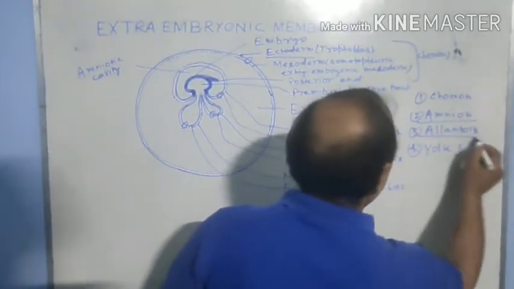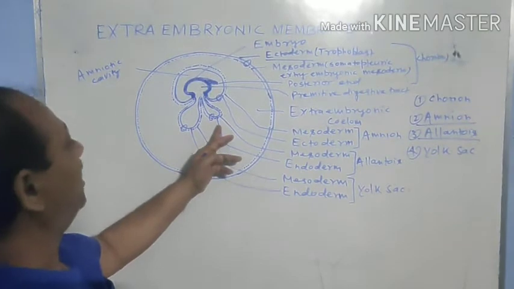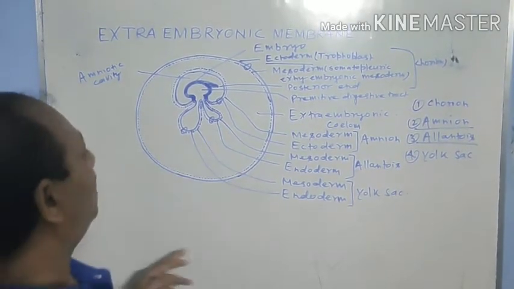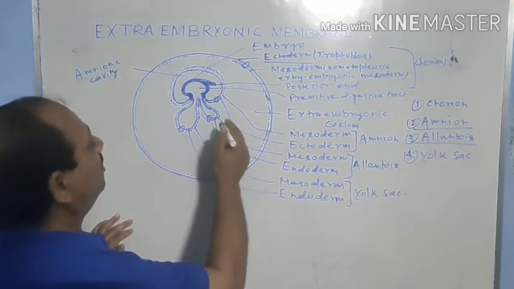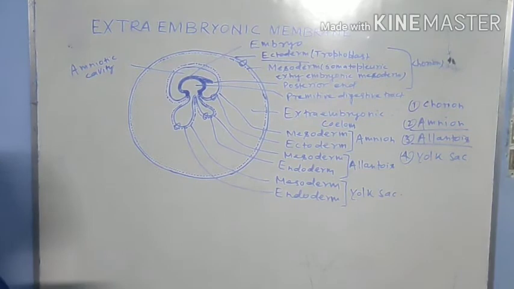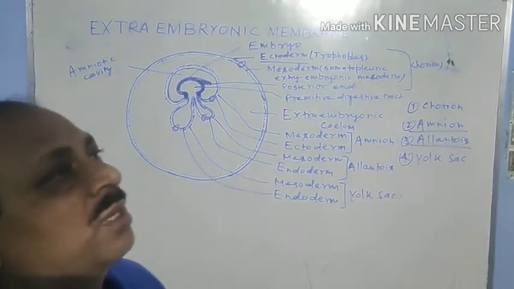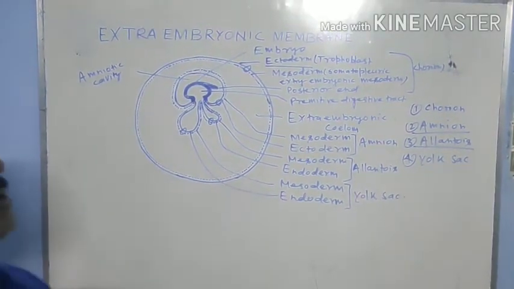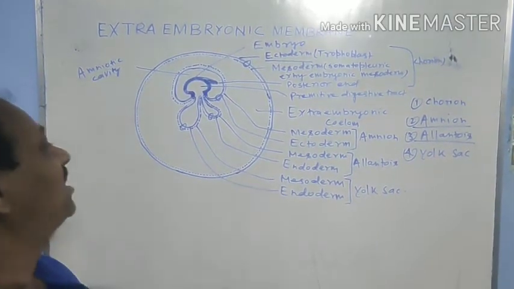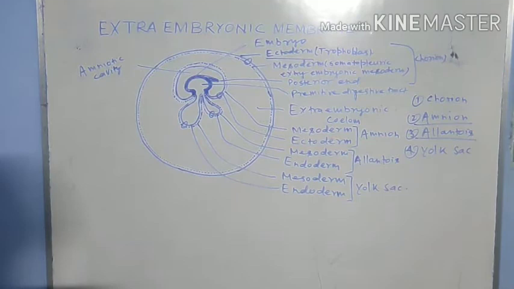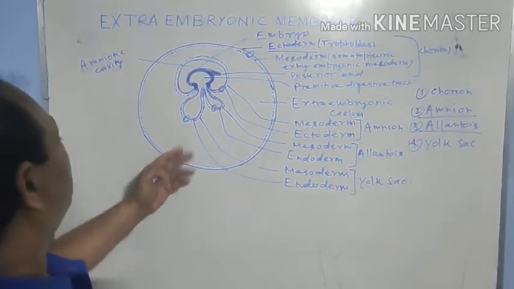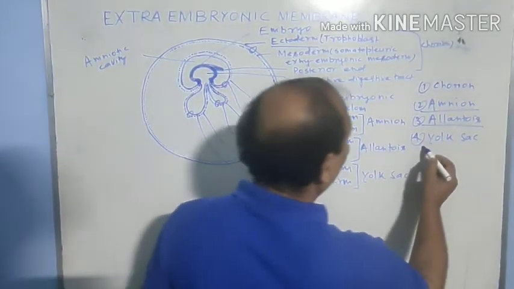The third layer is the allantois. It is a sac-like structure, and it also consists of two layers, outer mesoderm and inner endoderm. It is non-functional in humans, but it furnishes the blood vessels. Then the yolk sac.